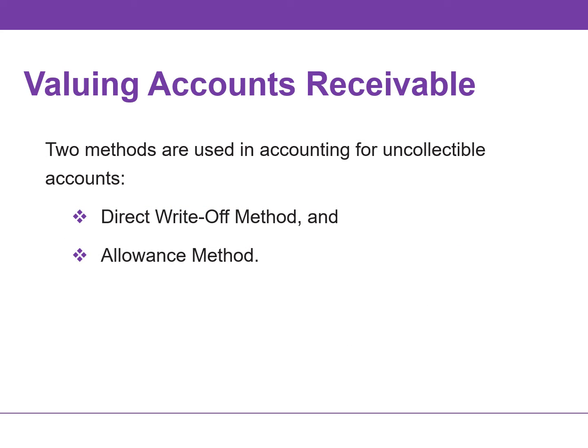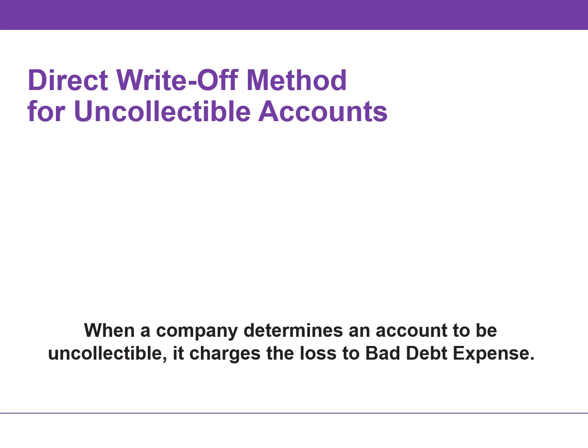Two methods are used in accounting for uncollectible accounts. The first is the direct write-off method, and the second method is the allowance method. Under the direct write-off method, when a company determines an account to be uncollectible, it charges the loss to bad debt expense.